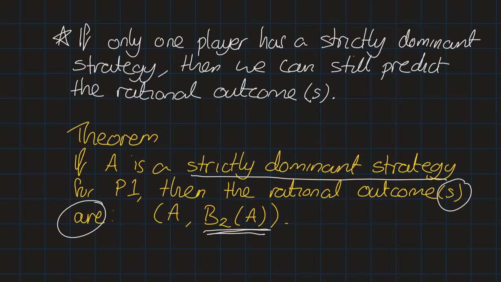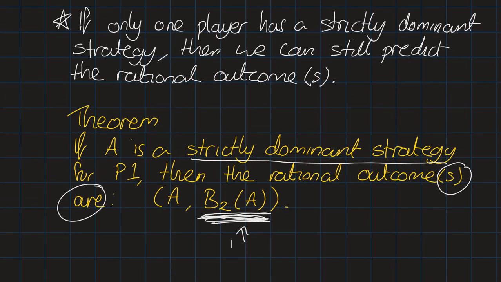So then what's the best thing you can do? By definition, the best thing you can do if player 1 plays that strategy is this function right here: the best response for player 2 if player 1 plays A. This is the best thing you could possibly do if player 1 plays A. So this is the rational outcome of the game.